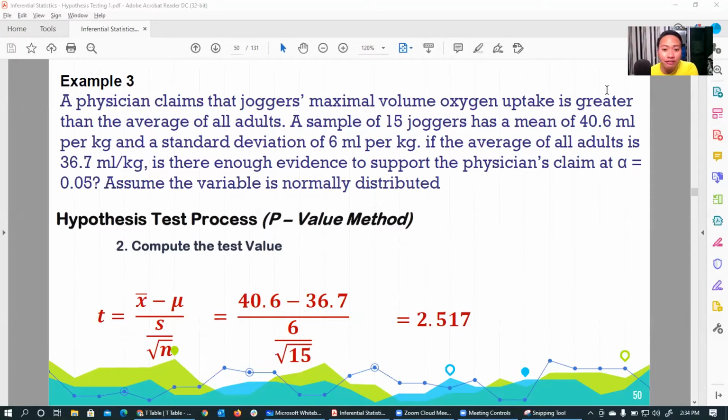Thank you so much for confirming the answer. I appreciate it, Renee and Janine. So it's 2.517. Take note of this number because that's going to be used in step 3. Let's proceed to step 3.